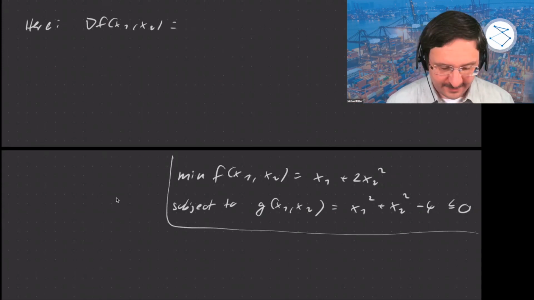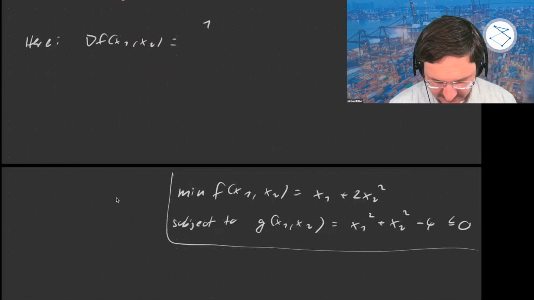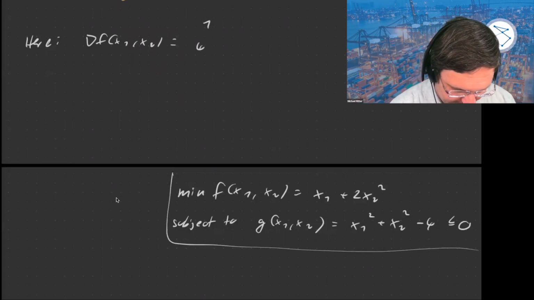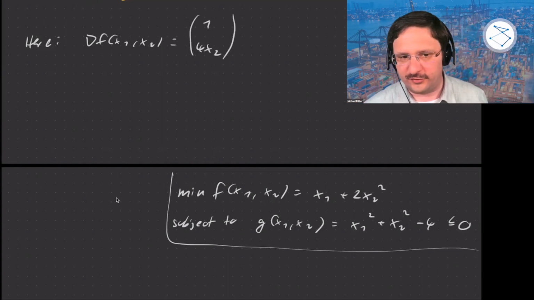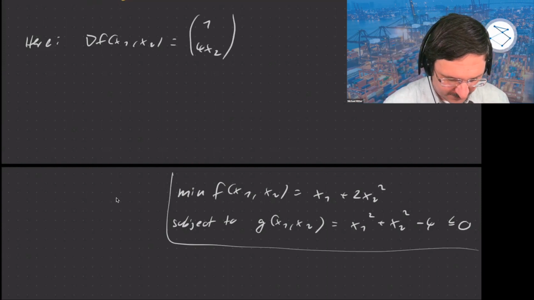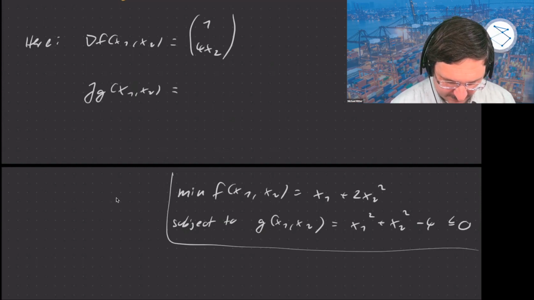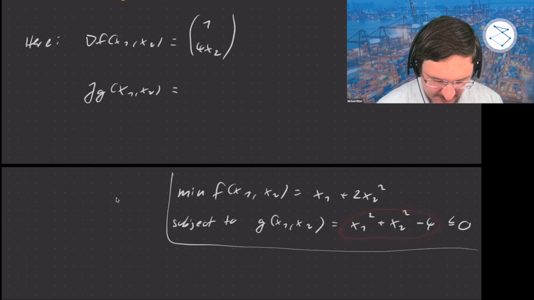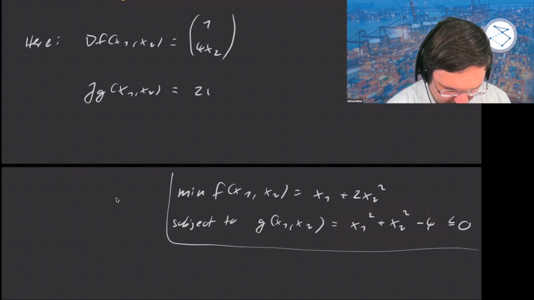So the gradient of f is simply given as 1 and 4x2. So not constant anymore, but also not that complicated. And the Jacobian of g, so here's our g. The Jacobian of that is given by 2x1 and 2x2.